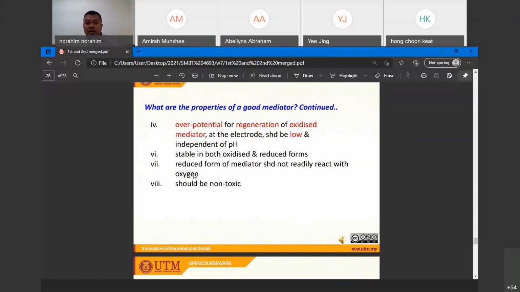How do you remove oxygen in your system? You can do bubbling. You can put other gases such as hydrogen, or argon, those yang tidak bertindak balas with whatever you have inside your cell. And the last property is that your mediator should be non-toxic.